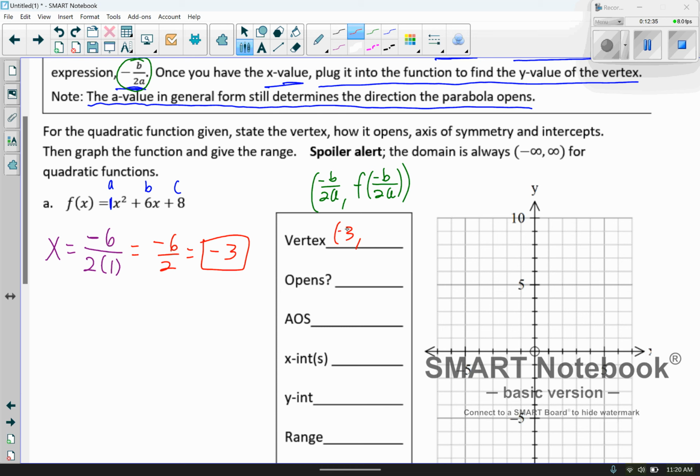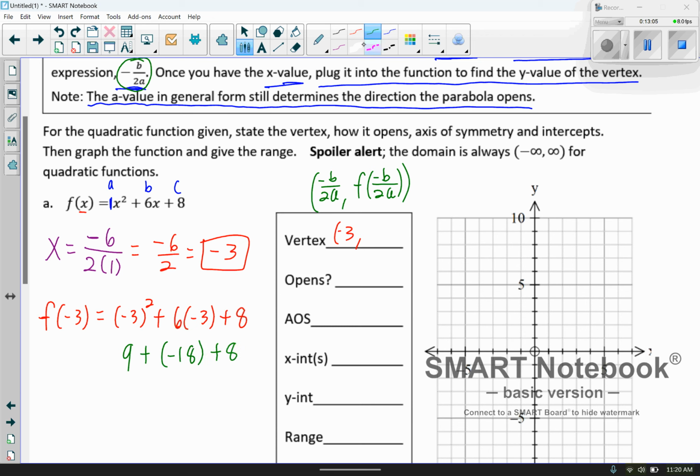Now what I'm going to do is plug that into the function. So f of negative 3 is equal to negative 3 squared plus 6 times negative 3, and then I have a plus 8 right there. Negative 3 squared is going to become a positive 9, then plus 6 times negative 3 is negative 18, and then I have that plus 8.